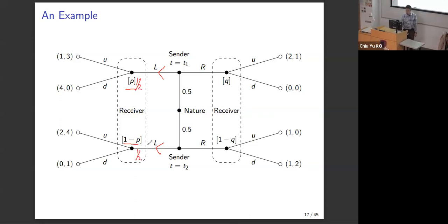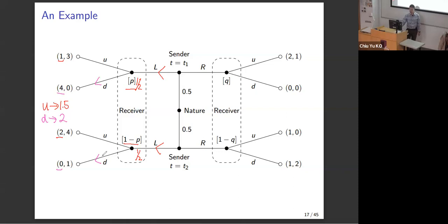So the receiver, how to calculate the expected payoff? If he chooses U, he will get either half of the time 1, half of the time 2, that's 1.5. And if you choose D, half is 4, half is 0, D will give him 2, right? So very clearly he will choose D.